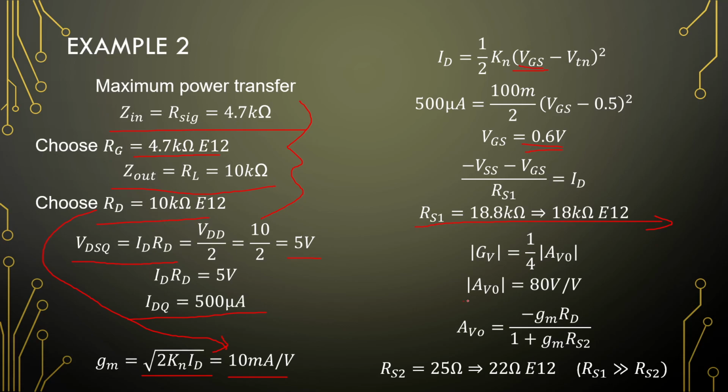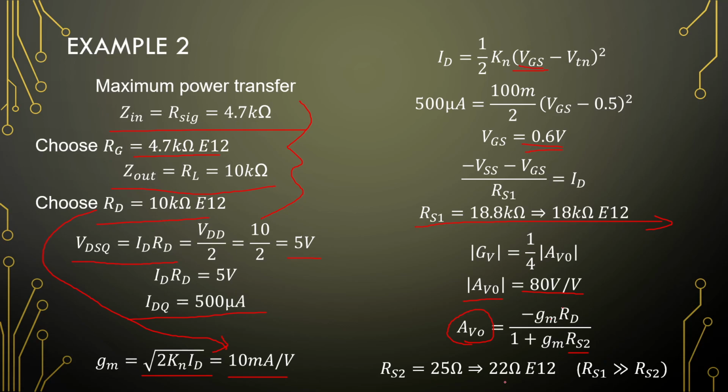The AV0 that we should be designing for is a quarter times AV0, so 20 multiplied by 4 is 80 volts per volt. So if we plug in our minus 80 here, we have a transconductance, we have a drain resistor. We can calculate RS2, that gives us 25 ohms.